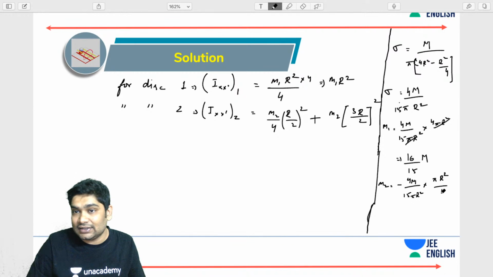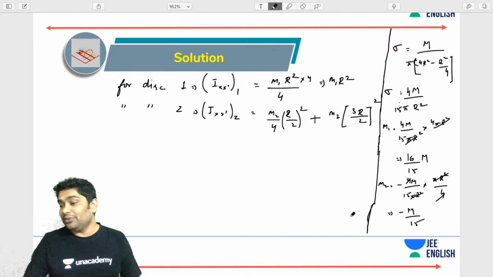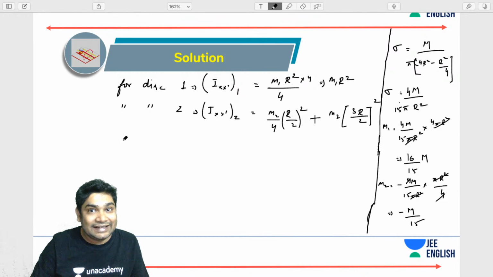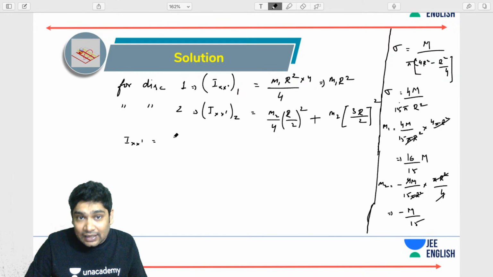So that is this. So yes, this goes. So you have minus m by 15. Now you can substitute these and calculate. So Ixx dash I know would be Ixx dash 1 plus Ixx dash 2.